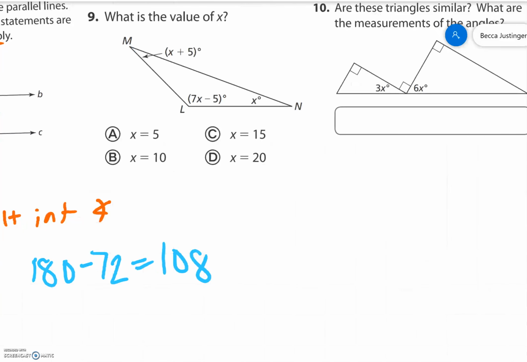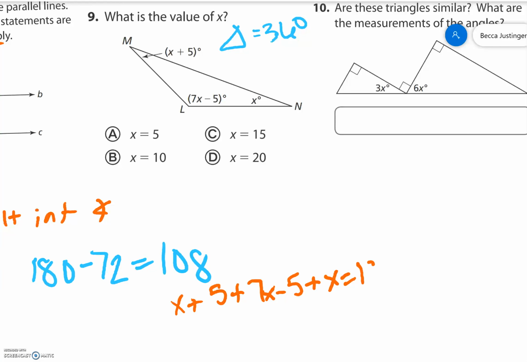Number 9, what is the value of x? Remember that all three angles in a triangle are equal to 180. So if we do x plus 5 plus 7x minus 5 plus x, it's got to be equal to 180. Combining like terms, I have x, 7x, and x. Remember that there's technically a 1 in front of those x's.